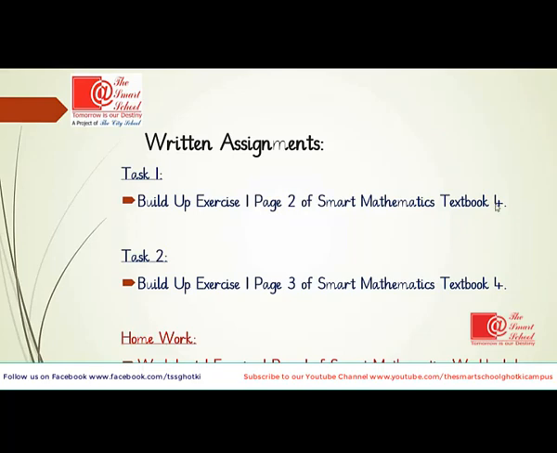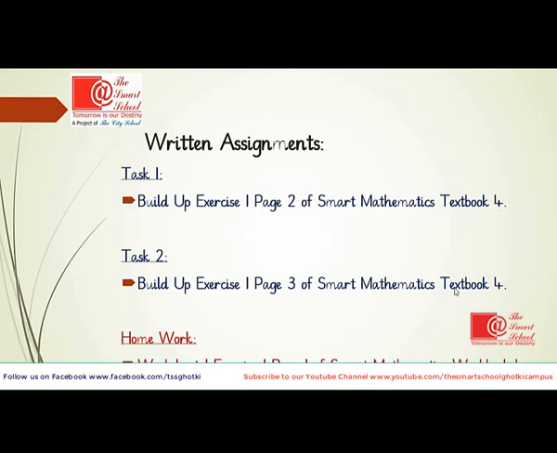You can implement your learning in written tasks, and your written tasks are number 1, Build Up Exercise 1, page 2 of Smart Mathematics textbook 4, in which you will write the value and place value of the ringed digit.